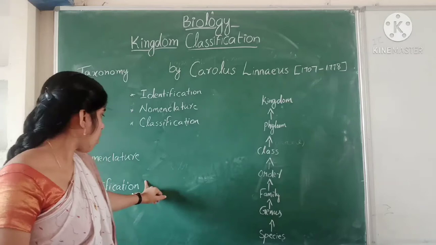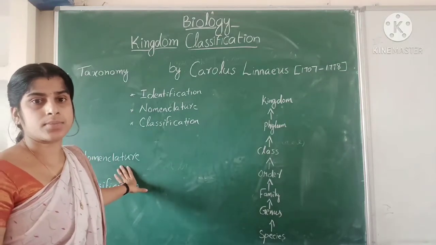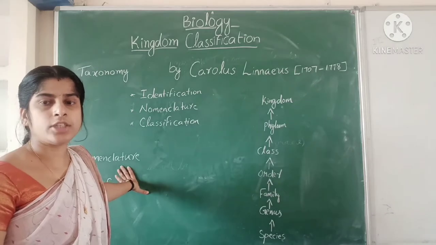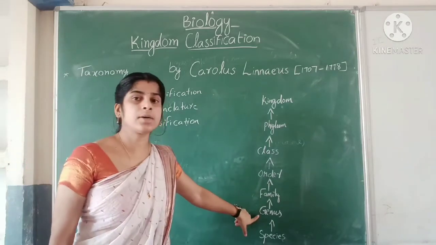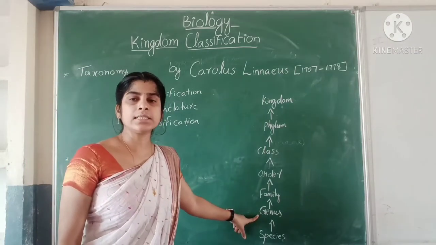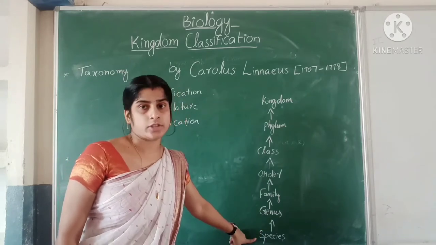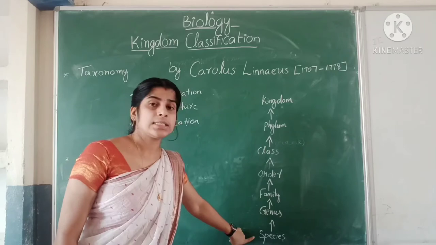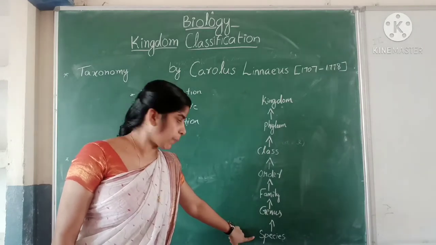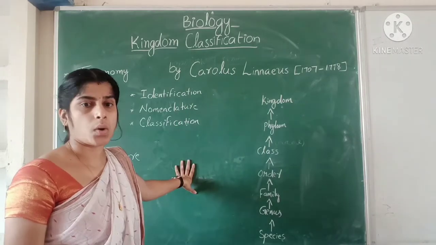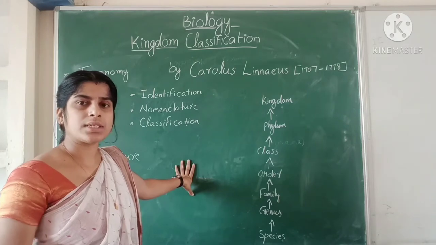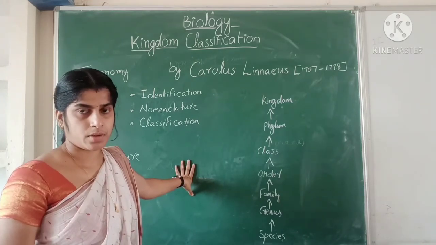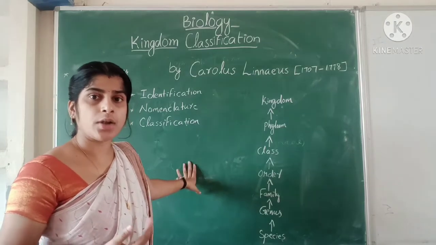The first term indicates the genus and the second term indicates the species of the organism. So, what is binomial nomenclature?